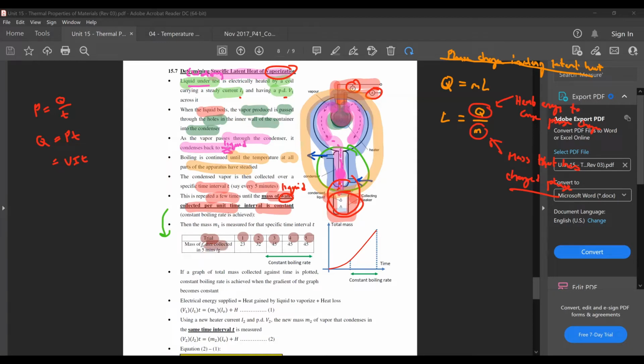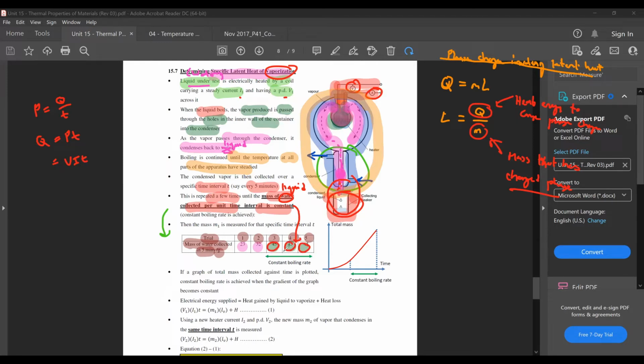The mass of liquid collected in every 5 minutes in grams for my first trial is 23. For my second trial is 32. And then for my subsequent trials, third, fourth, and fifth, I noticed that it's all going to be at 45. This is what we mean by the mass of liquid collected per unit time interval is constant.